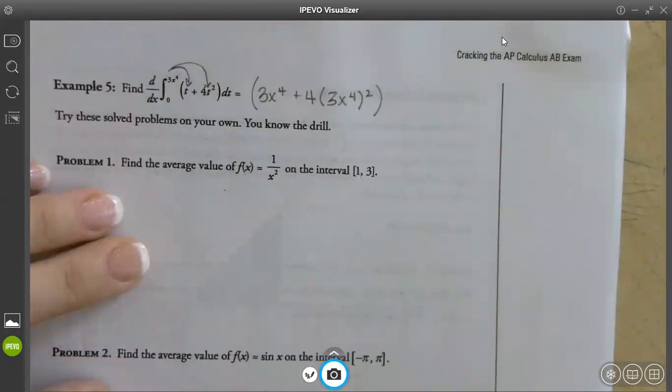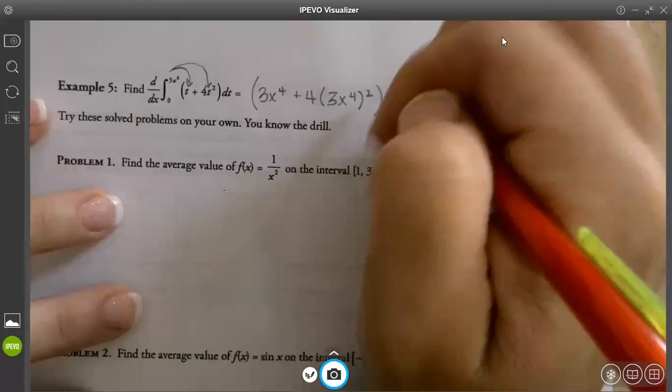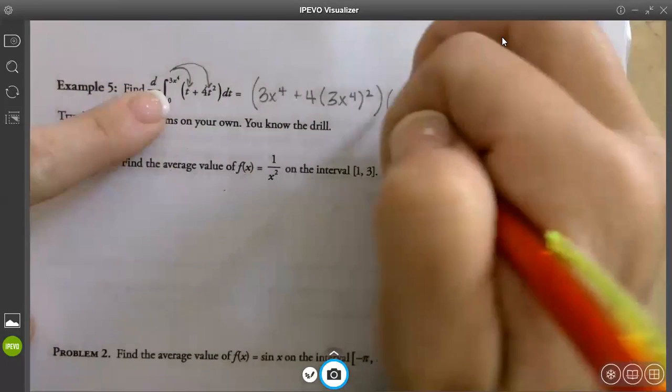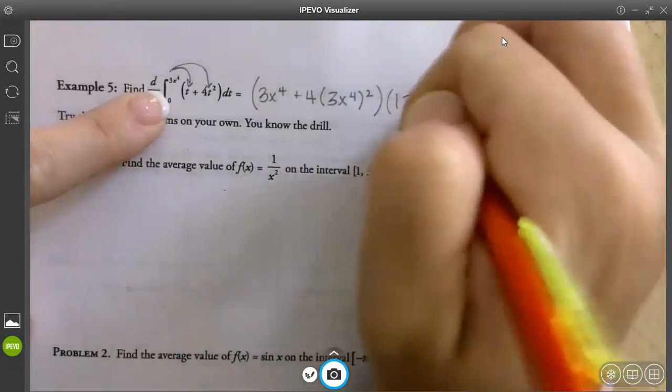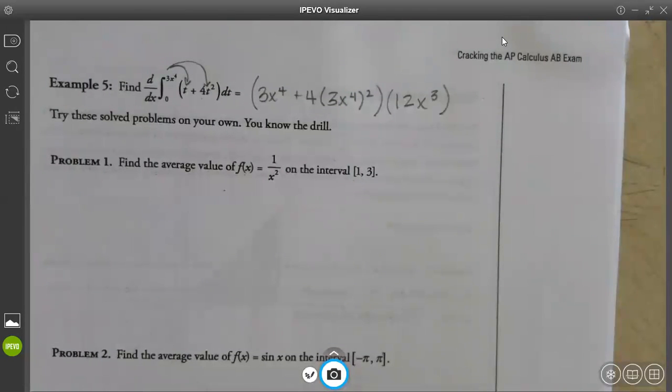Is everybody okay with the plug-in? And then you're going to multiply it by the derivative of that function, 12x cubed. That's it. You don't have to simplify it out. Just leave it like that. If you need them, let me know.